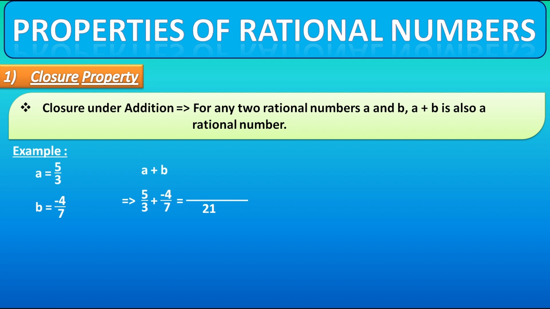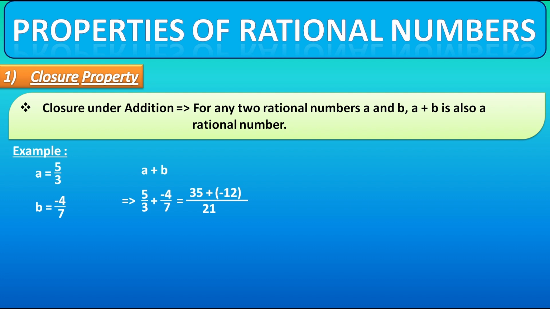We have to multiply this 5 with 7. So I got the answer as 35. 5 7s are 35. And now I have to multiply minus 4 with 3. So I got the answer as 12. 4 3s are 12 with negative sign because both of them have different signs.